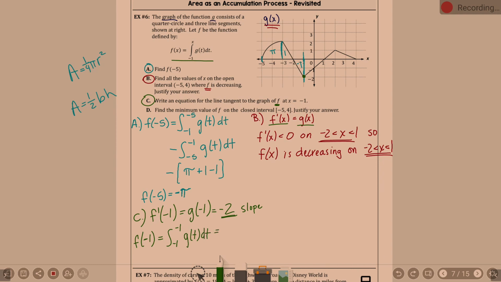What is an integral when the bounds are the same? 0, because there's no area between them. So my point is -1, 0.